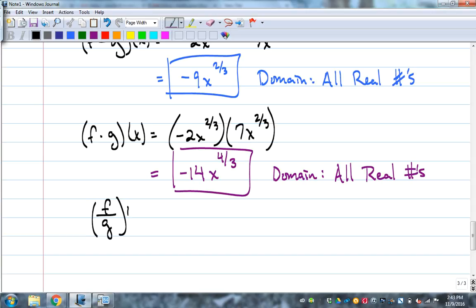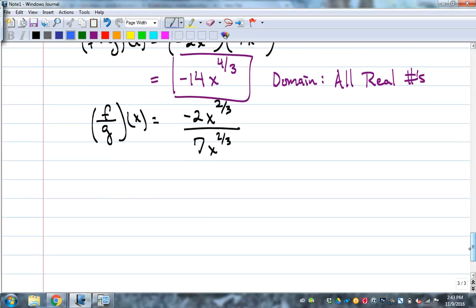Let's do the division. Negative 2x to the 2/3 over 7x to the 2/3. What happens?